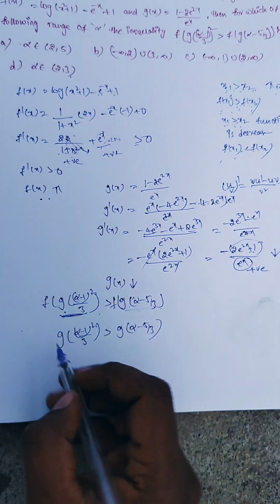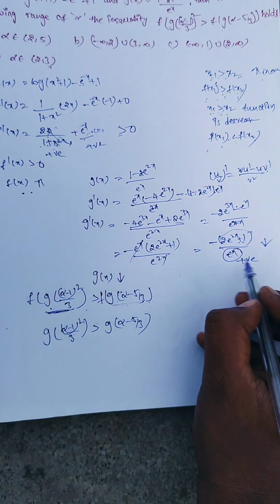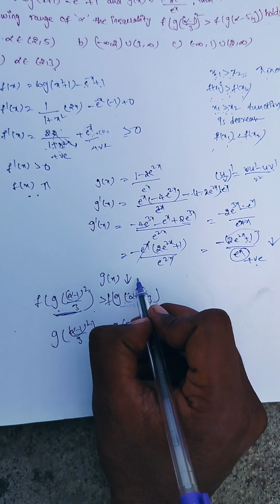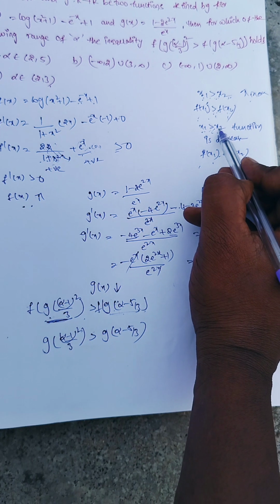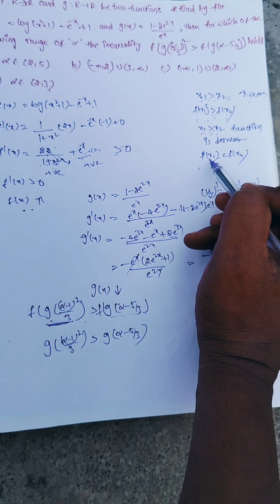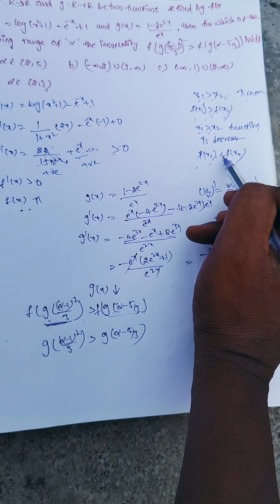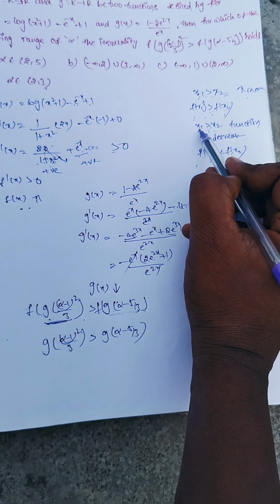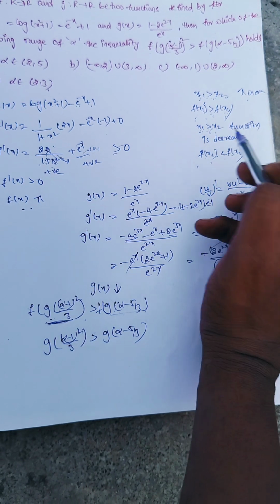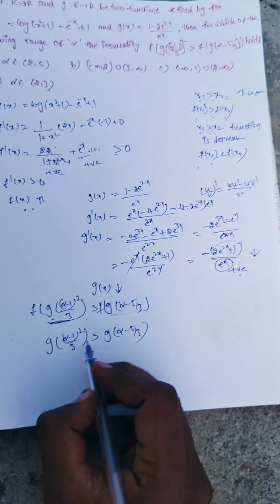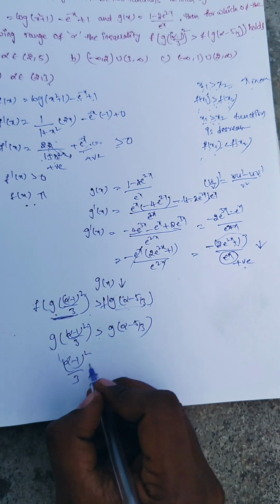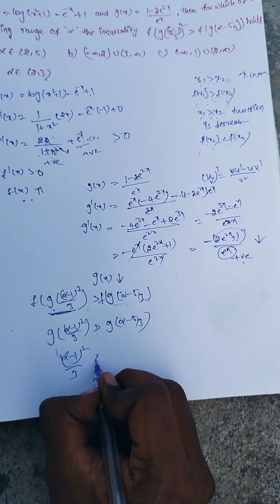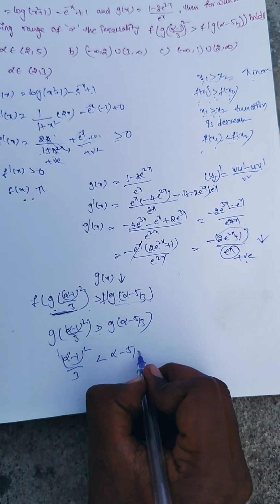Now here g is a decreasing function. g is decreasing means, for example, f of x1 is less than f of x2, we can write as x1 is greater than x2. For example, interchange means the greater than sign is interchanged. Now alpha minus 1 whole square by 3 interchanged with alpha minus 5 by 3.